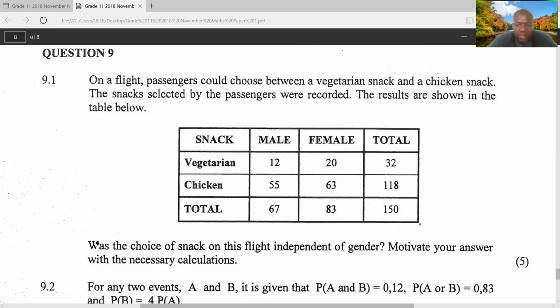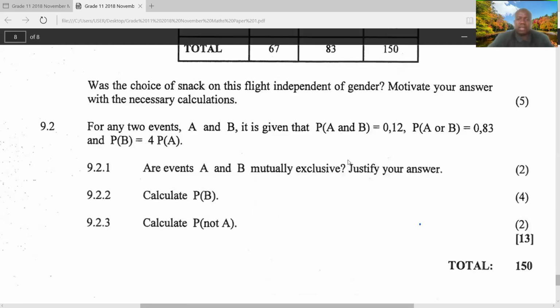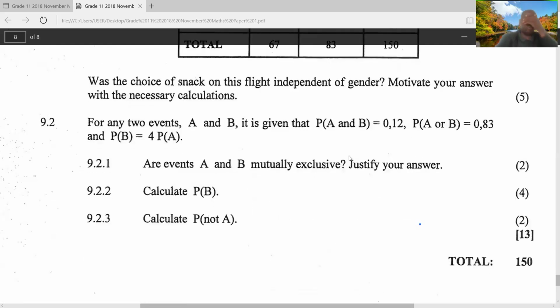The probability of A or B is 0.83. So A or B is 0.83, A and B is 0.12, and the probability of B is 4 times the probability of A.